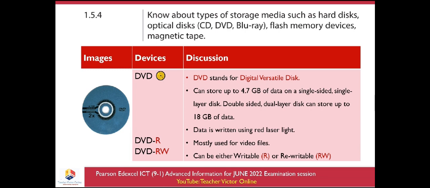Mostly, DVDs are used for video files, but that does not limit them from being used for any other media, either audio or even text. A DVD can be either recordable R or rewritable RW, as we saw in the CD.